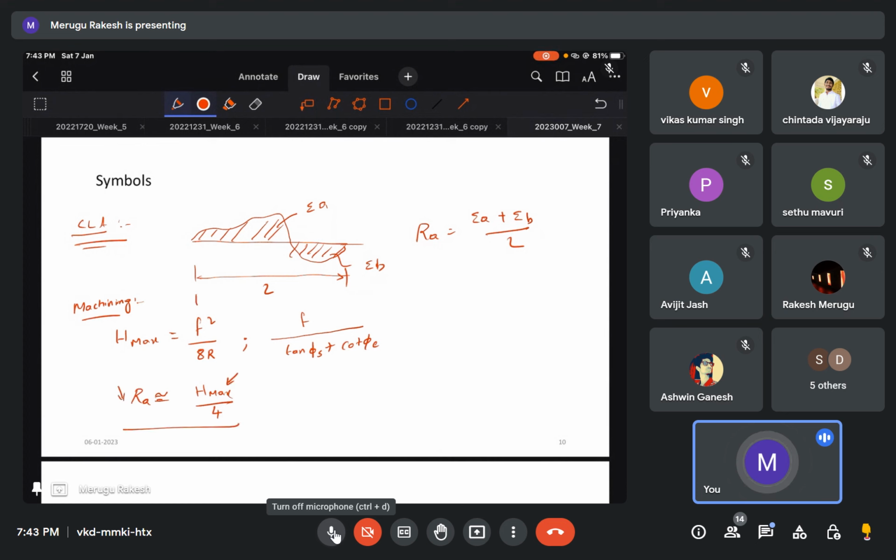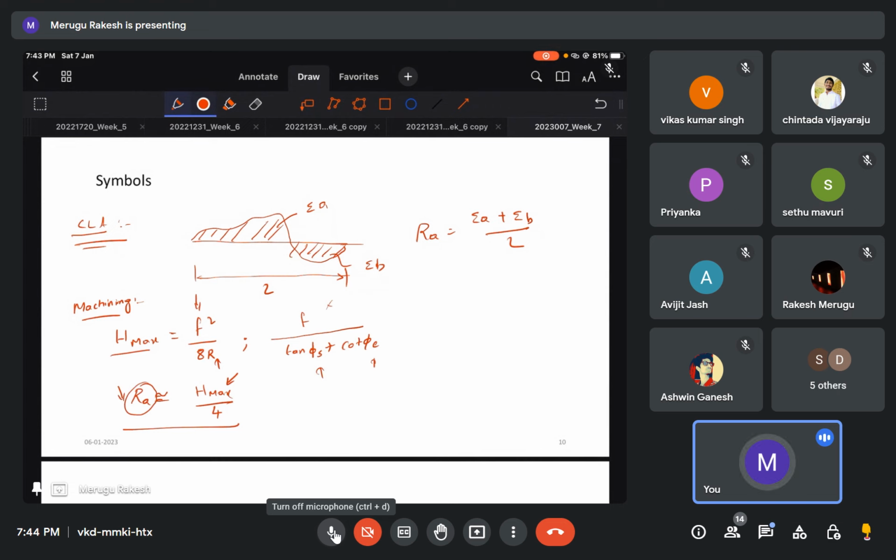Suppose they have provided the nose radius and feed rate, this is the formula. And if they only give the angles and feed rate, this is the formula to find this Ra value, that is the central line average value.